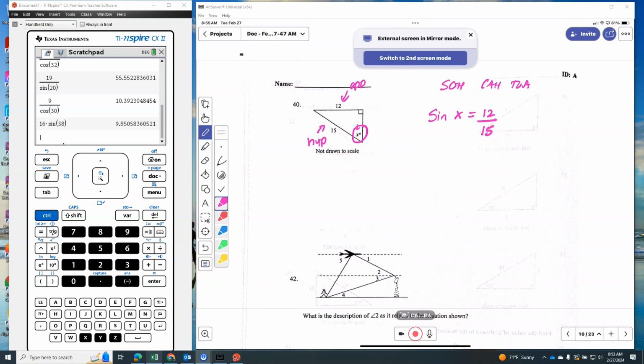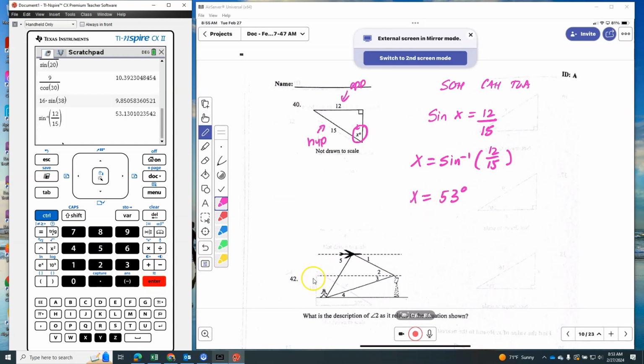And you're missing the angle, so you're going to have to find the inverse of this ratio, which is 12 over 15. So go to your calculator, inverse sine of 12 over 15. So the angle is 53 degrees. This one was different because you were trying to find the angle.